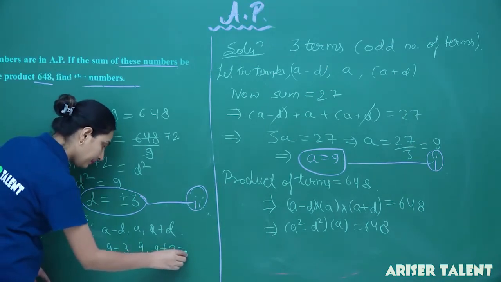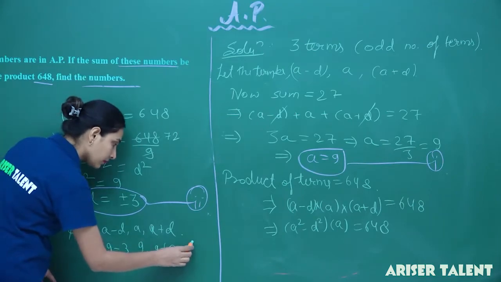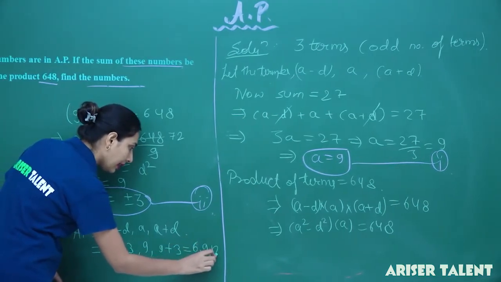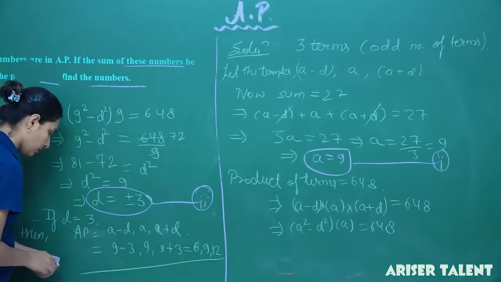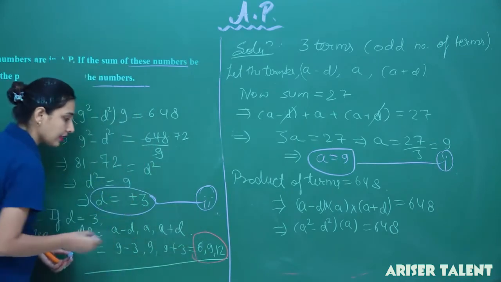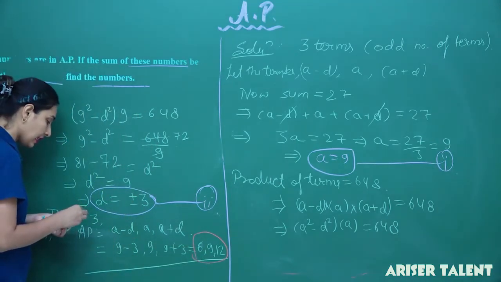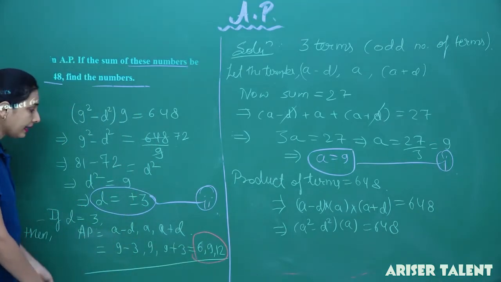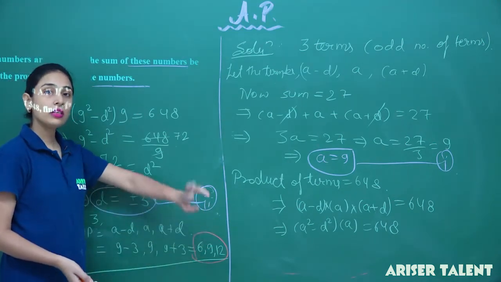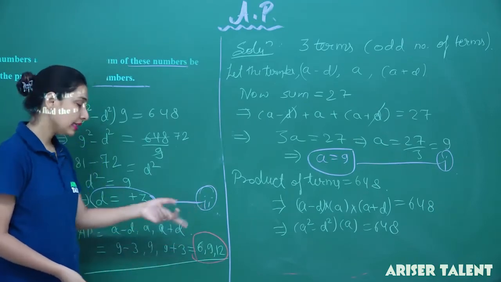It will become 6, 9 and 12. So this is the first series. Now for the second series, I have told you, if you write D equals minus 3, the series will be reversed.